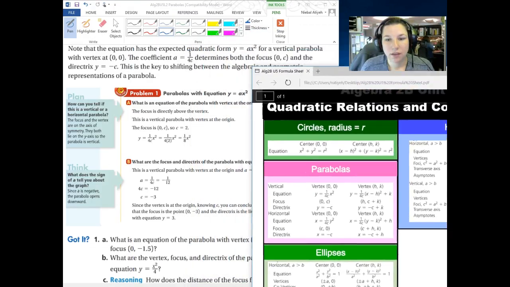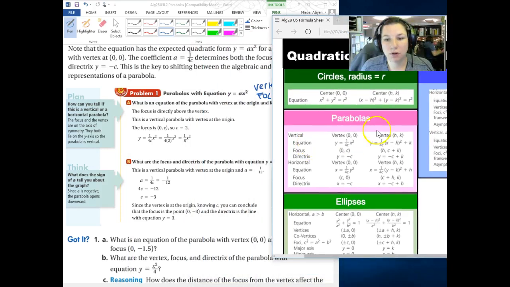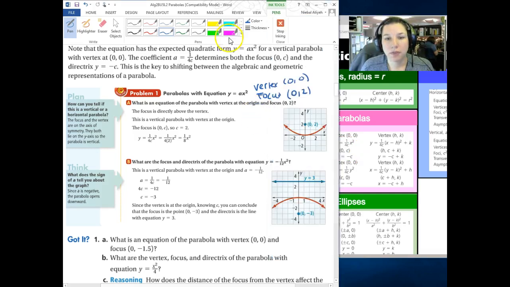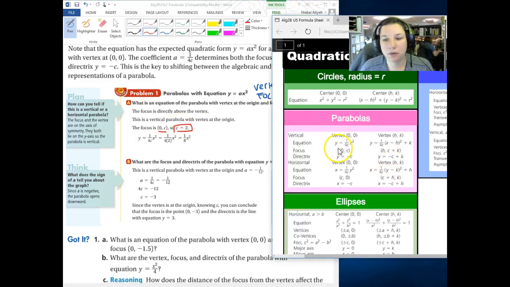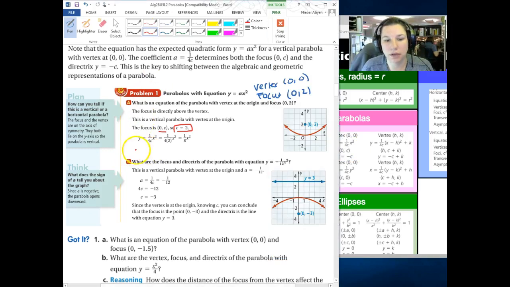If I go to vertical, the vertex is 0, 0, so my focus is 0, comma c. This is telling me that focus is 0, comma c, so c is 2. And then I'm going to use this equation, y equals 1 over 4c x squared. So that's what they've done here. They've substituted everything in to find the equation of the parabola.